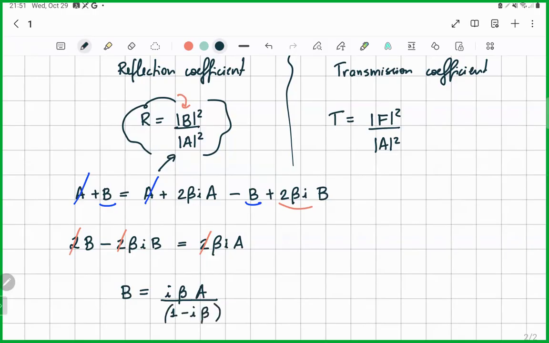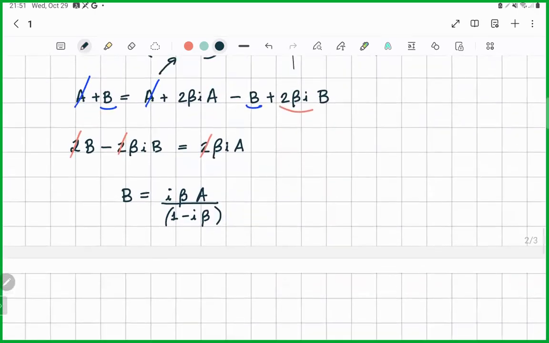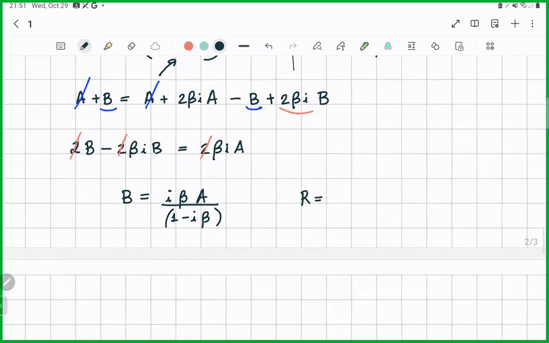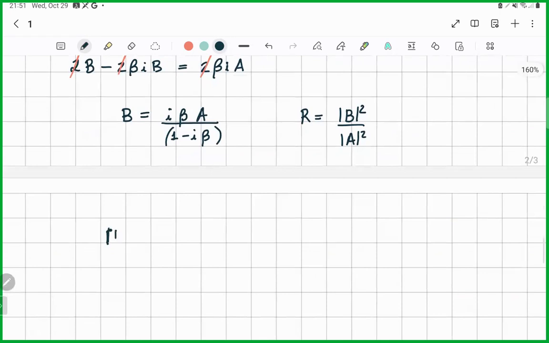Great, because now we can go back to the equation for the reflection coefficient, the absolute value square of B and the absolute value square of A, and put this in. What is the absolute value square of B? It is the absolute value square of this and of this.